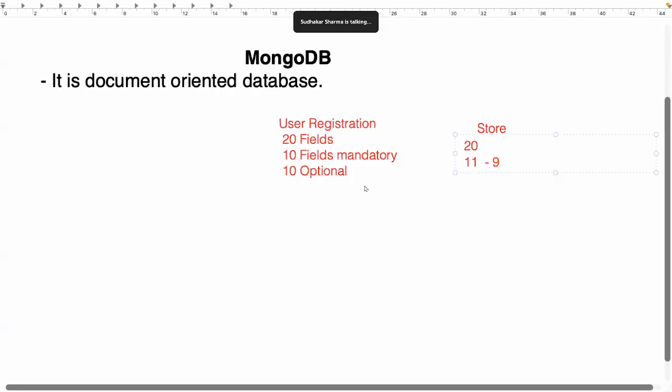That is not possible in structured data, where everyone should have the same structure. But in structureless or semi-structured data, each record can be individual. Every record behaves like an independent document, and that is why it is called document oriented.